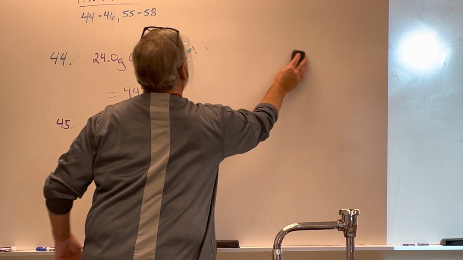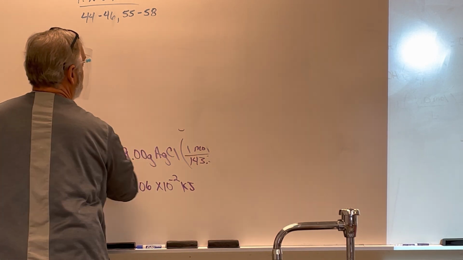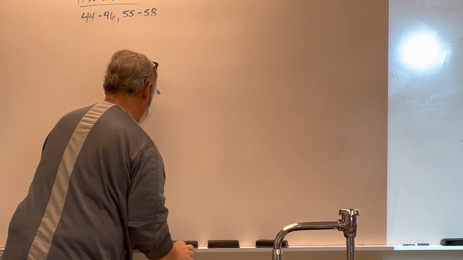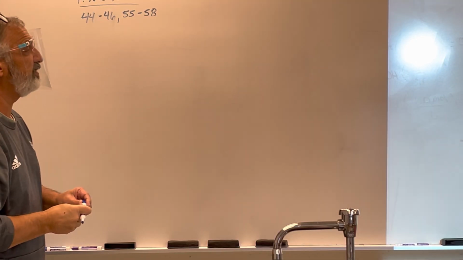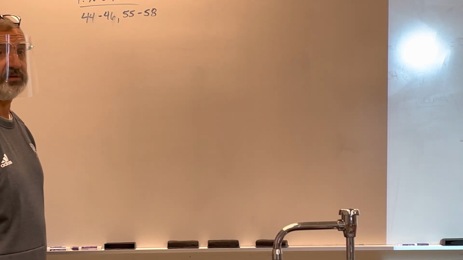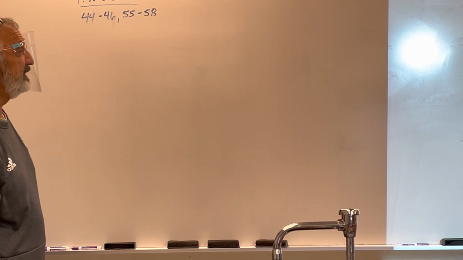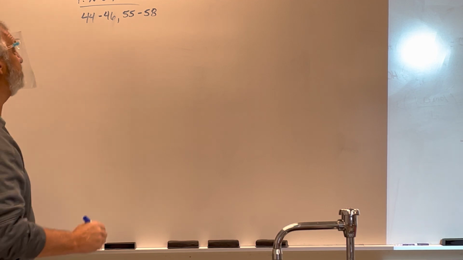So again, the key on this problem is using the delta H of the reaction, but knowing that it's per 3 moles of O2. So we're looking at 1.36 moles.